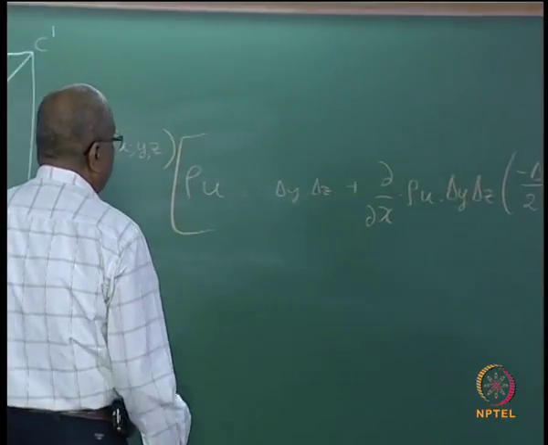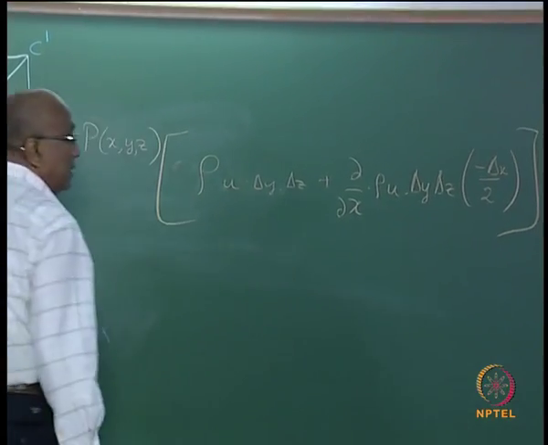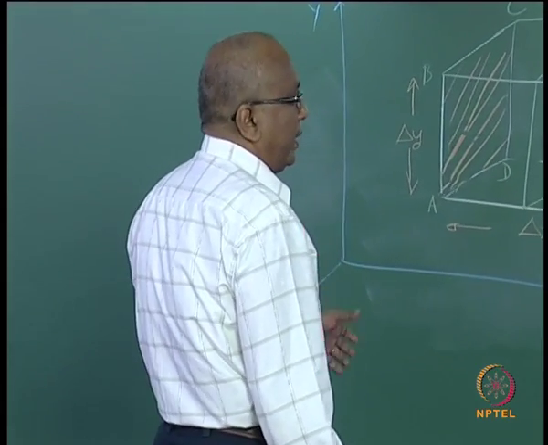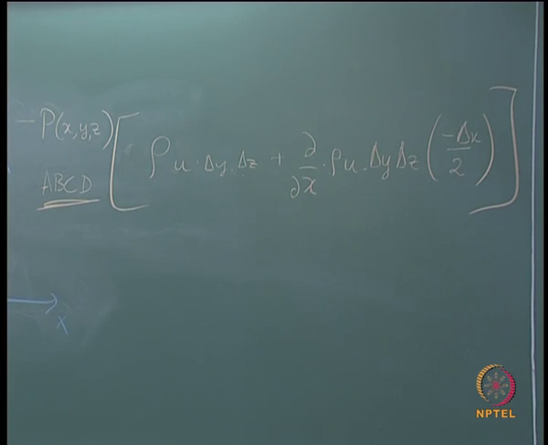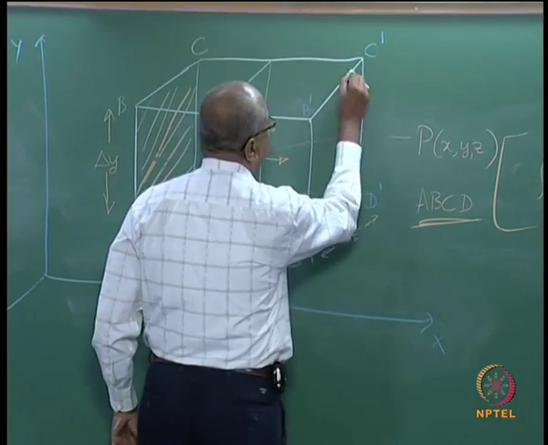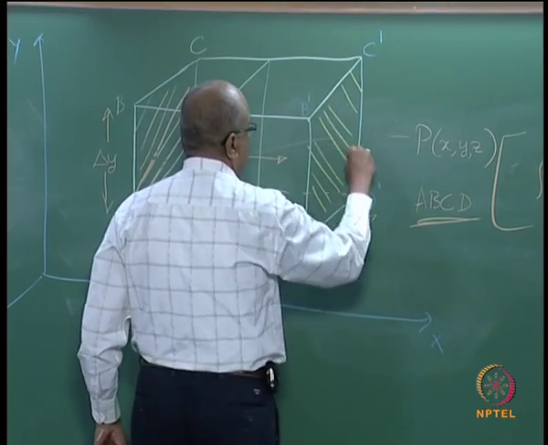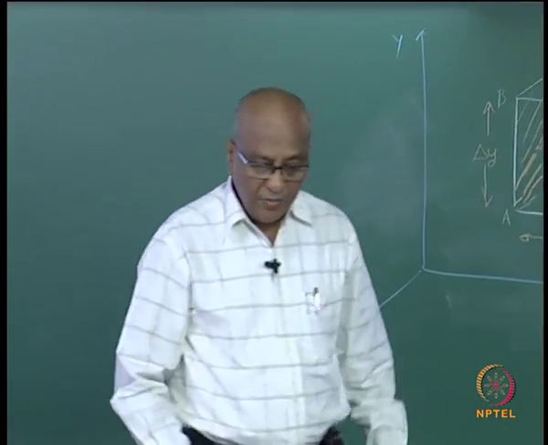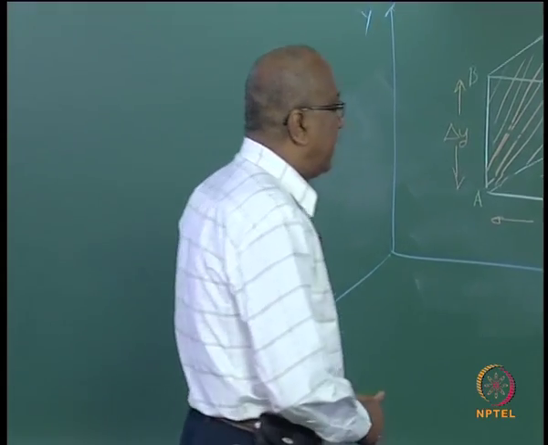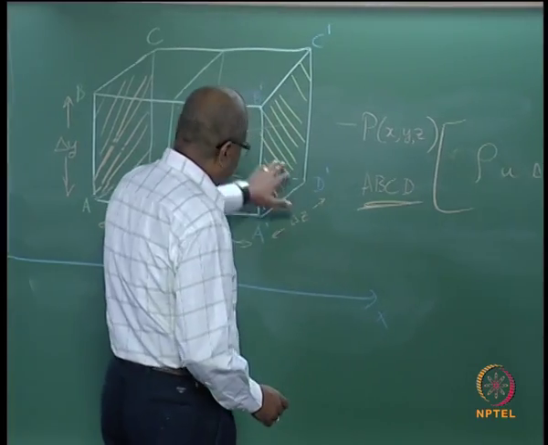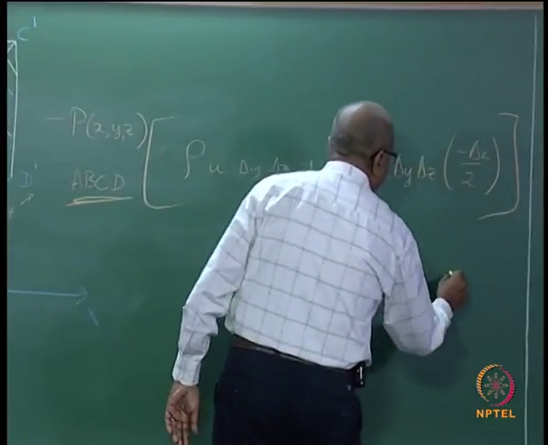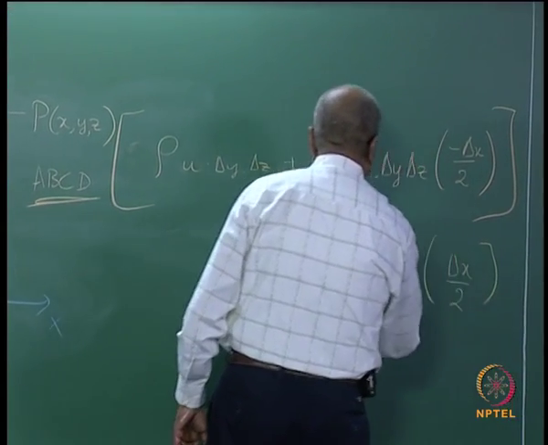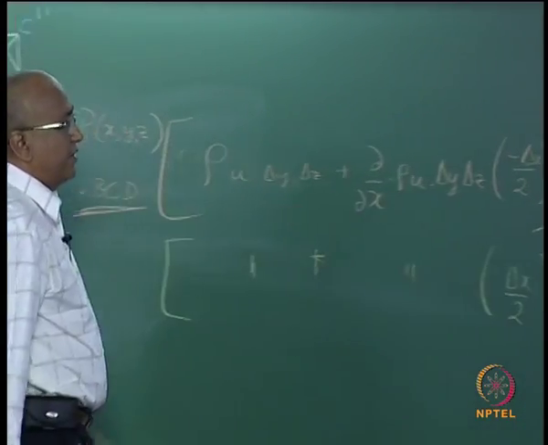So this will be the mass of fluid flowing per unit time through the face A, B, C, D. Now you repeat the same thing by considering this area, this face. This face will be practically the same except that because it is on the side towards the positive direction of the flow, you will have the same thing, that is what is written here.